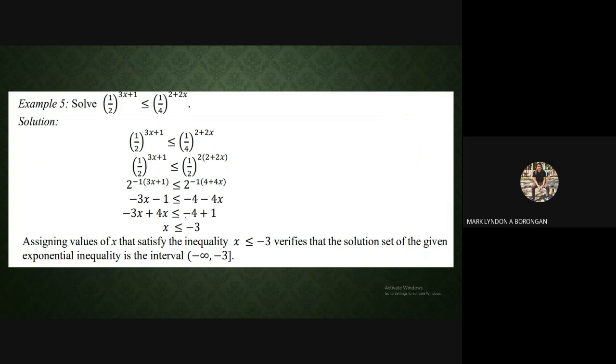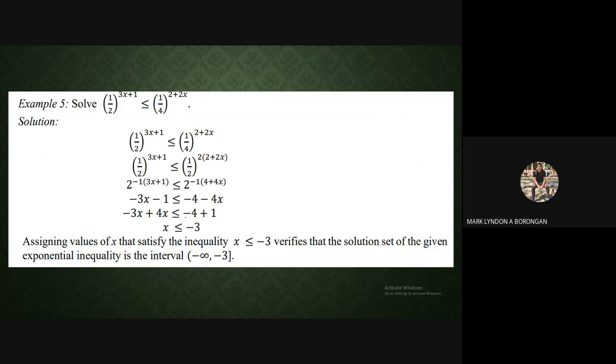For our next example, we have: solve (1/2) to the power of 3x plus 1 is less than or equal to (1/4) to the power of 2 plus 2x. Okay.